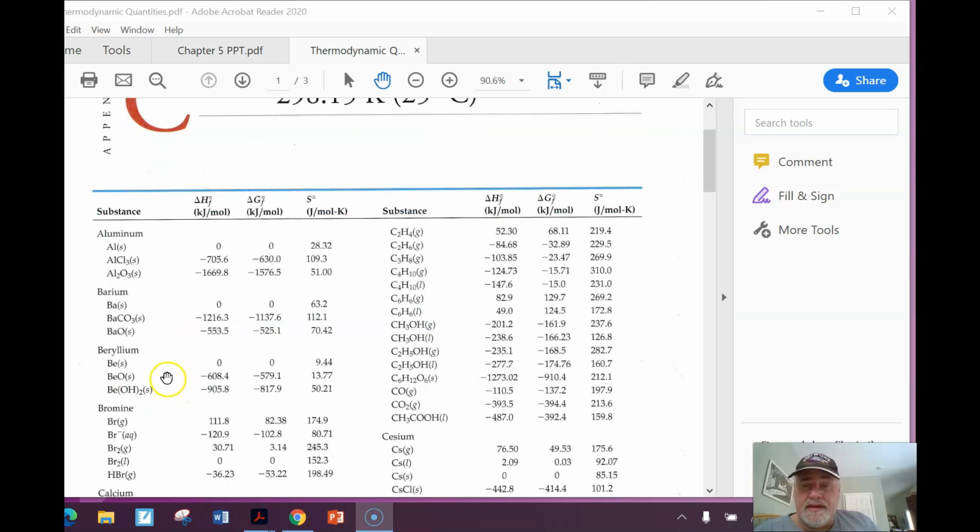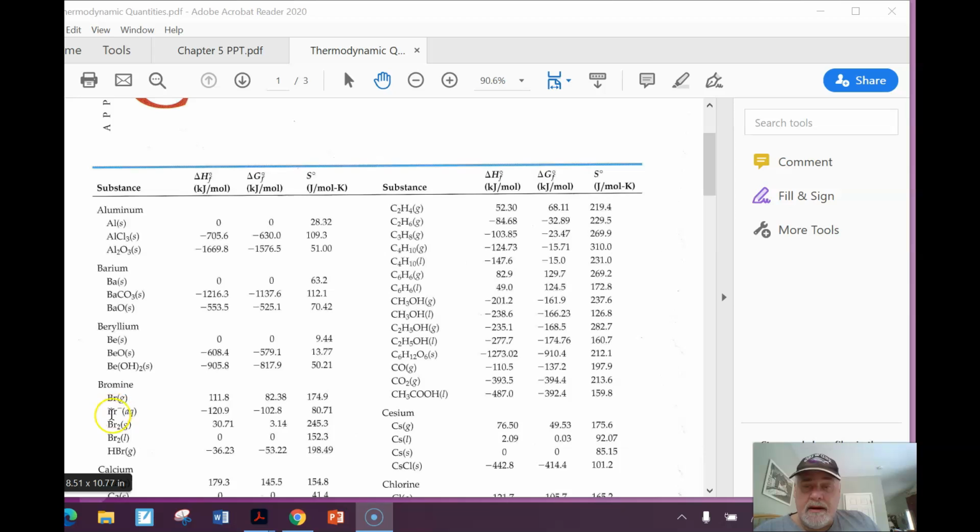Here's a really good example. Br without the 2 on it has a value. Br gas has a value. But bromine as a liquid, which is the way it normally exists at 25 degrees Celsius, has a 0 value. So it takes no energy to form it. But I just wanted to show you that if you go to the back of your book, you can find these values.